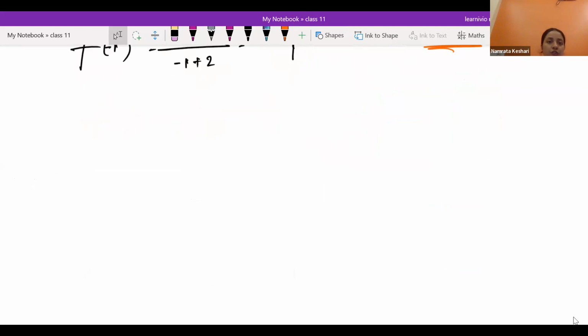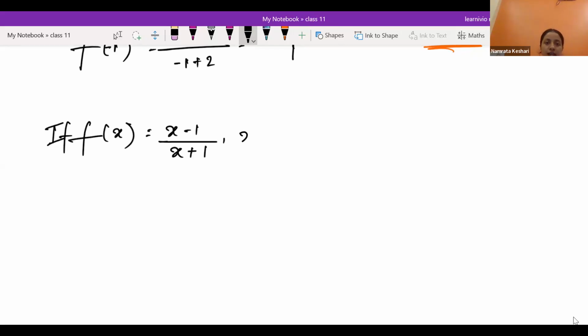Now, if you understood the previous question, will you be able to do this question? If f of x is equals to x minus 1 by x plus 1, given that x should not be minus 1, then show that.